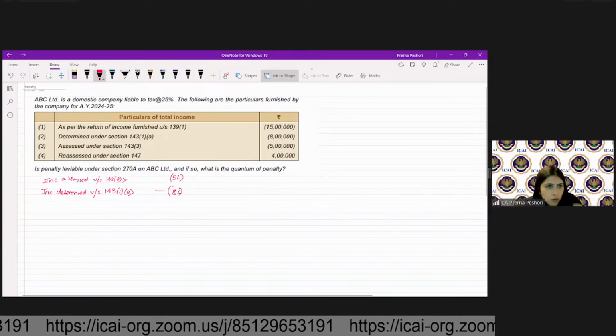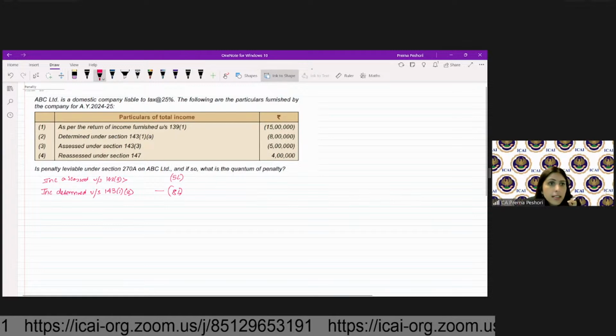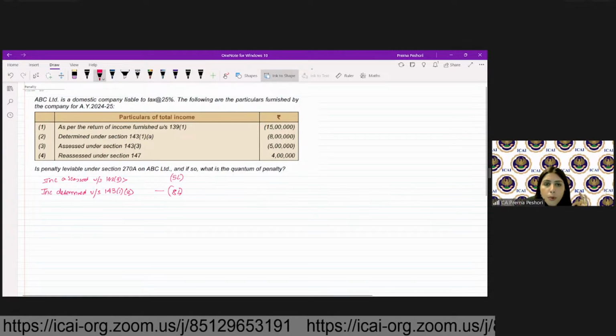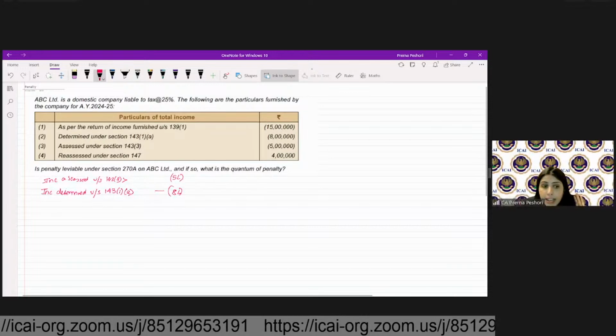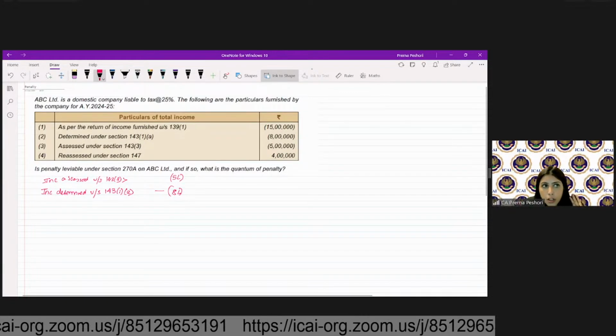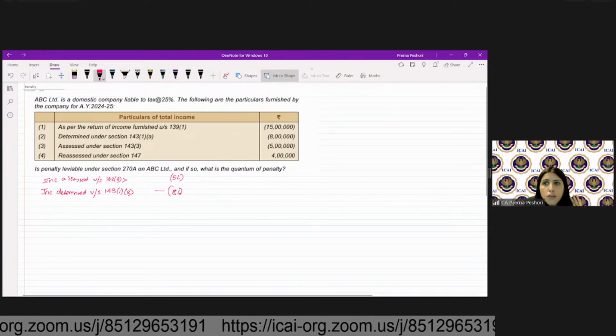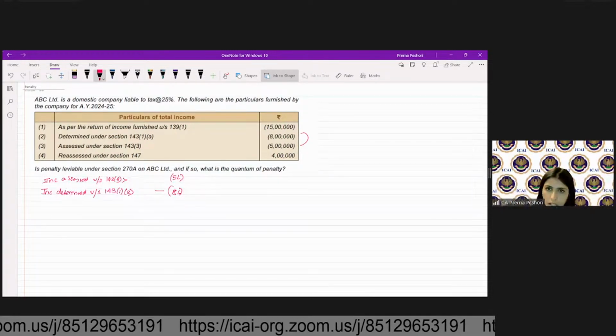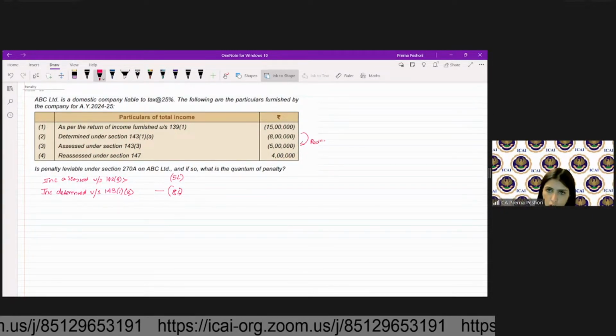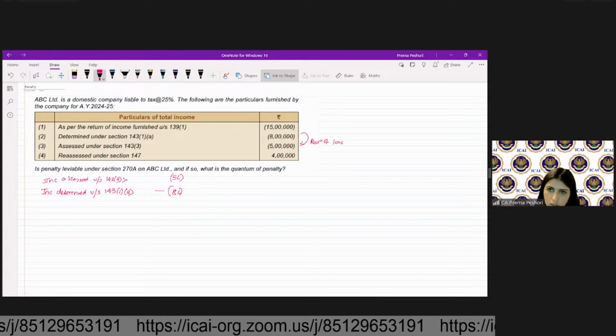So there's a reduction of loss. So then this will be considered as the underreporting of the income. So there is a reduction of loss which is taking place. From this to this, there is a reduction of the loss.